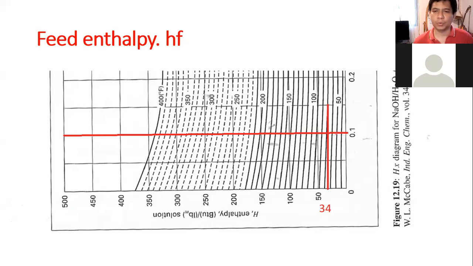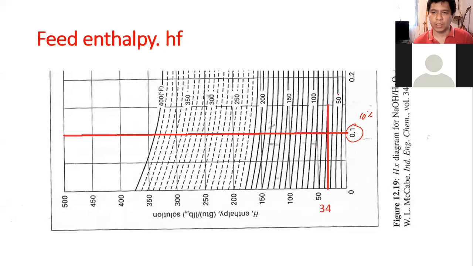We should learn how to find the enthalpy using the diagram. Ito yung 10%. Tapos you just draw a line. I'm using Paint. You can print this figure and then use a ruler kung hindi kayo marunong gumamit ng Paint, pero it's relatively easy. Then the temperature is 70 degrees Fahrenheit.